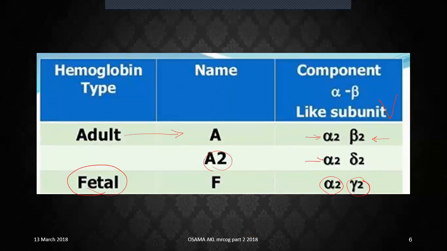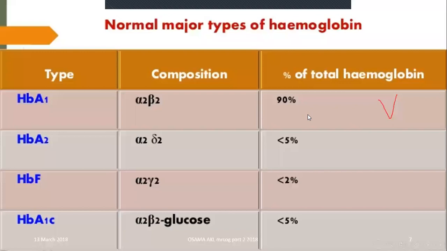It contains 2 alpha and 2 delta. Again and again, as you see, alpha subunit is very, very important. So we have 2 types of adult hemoglobin, and there is fetal hemoglobin, which contains gamma subunits.